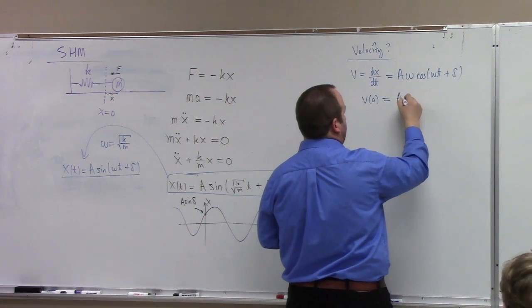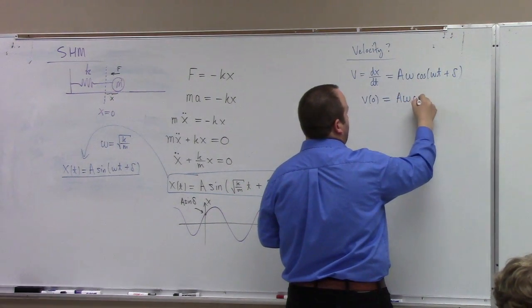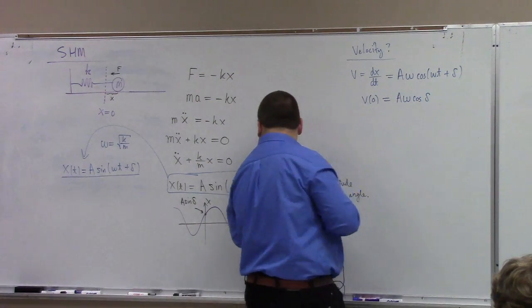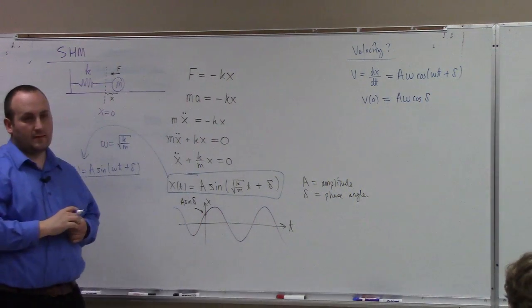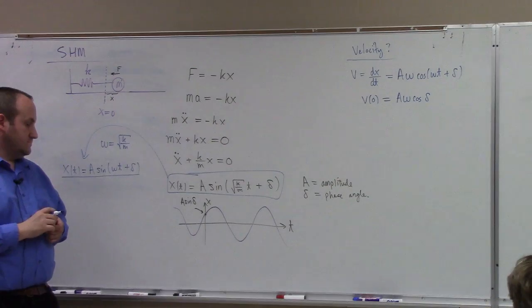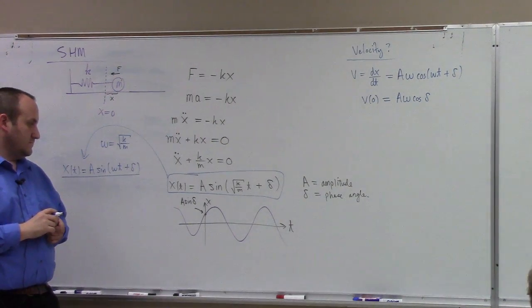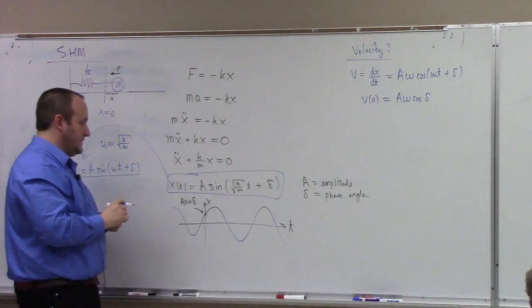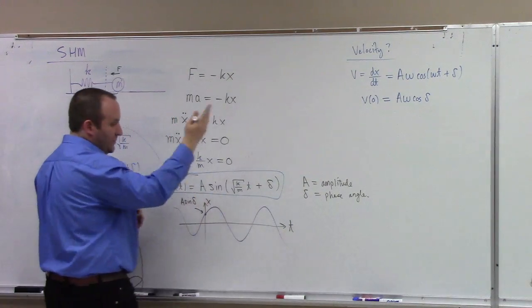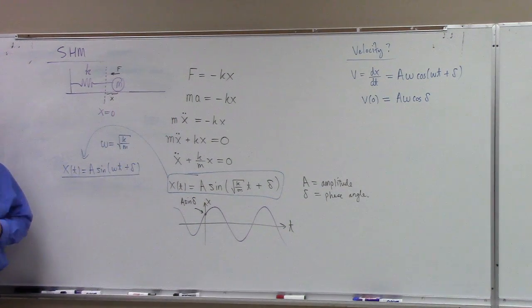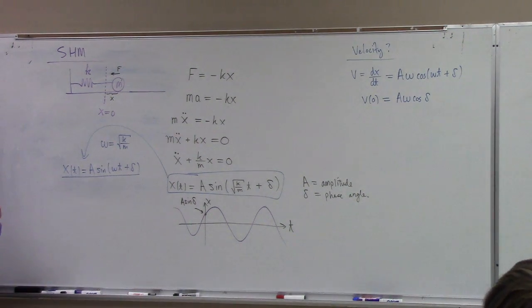You get A omega cosine delta. I suppose for what it's worth, on this picture down here, it's the slope of the wave as it crosses the x-axis there. What would happen if your initial position was A? What would that say about the velocity initially?